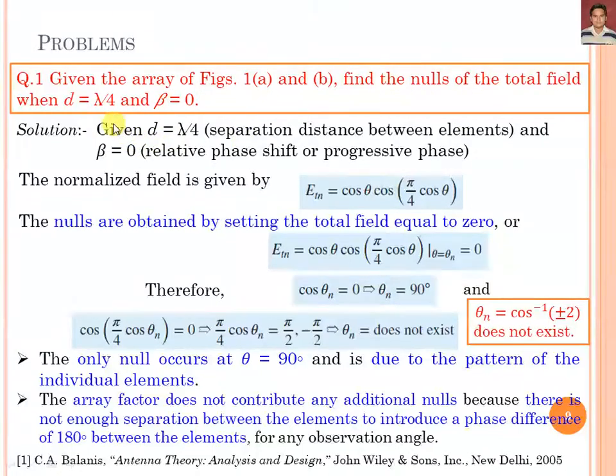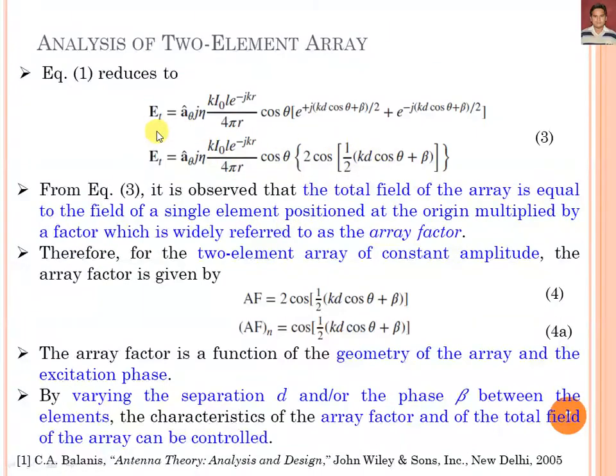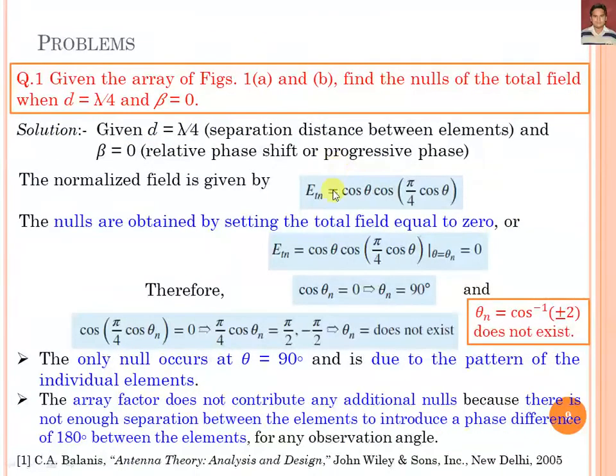First we need to understand what parameters are given. d is the separation distance between elements and beta is the relative or progressive phase shift. So the normalized field we can calculate is Etn equal to cos theta cos (pi by 4 cos theta). This expression is obtained by putting these values in the expression and then normalizing it.